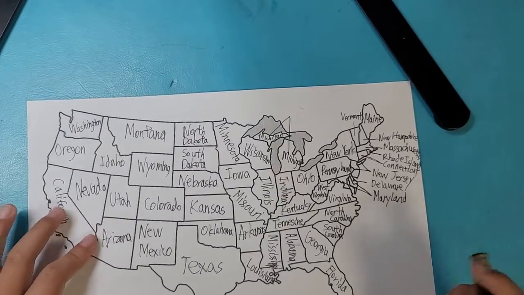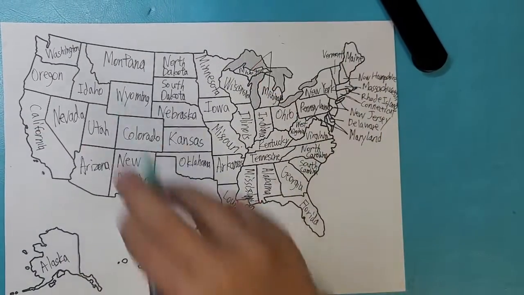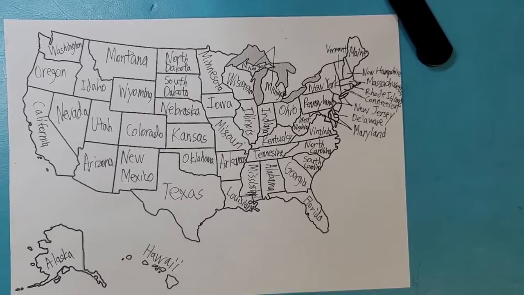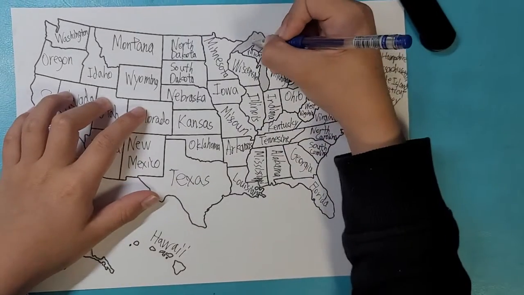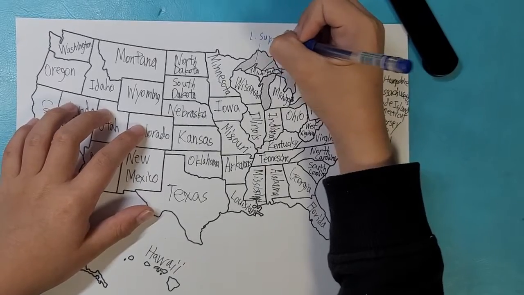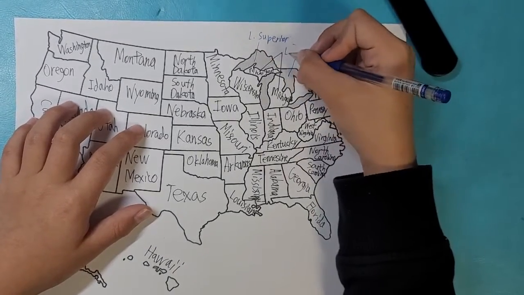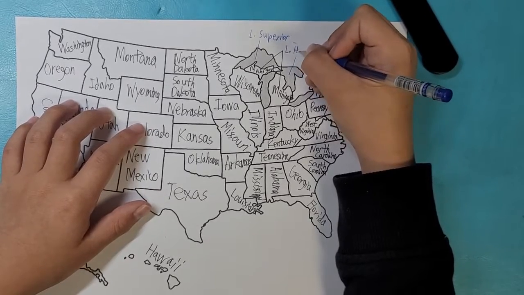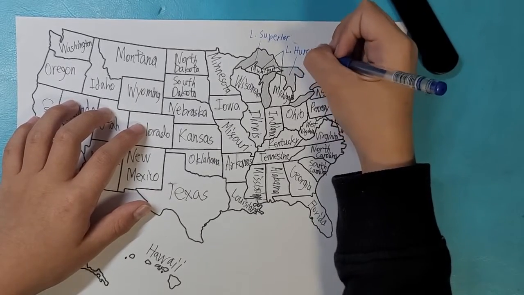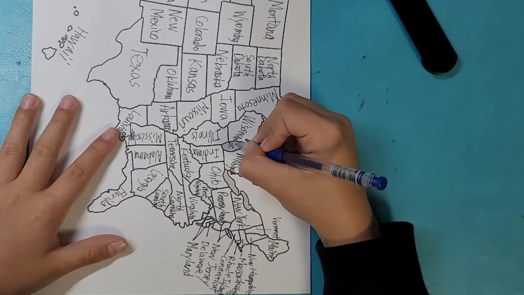And now, let's go into the names of the lakes. I'll use a blue pen for this one. L will stand for lake. This is Lake Superior. This is Lake Huron. And then this part is called Lake Michigan.